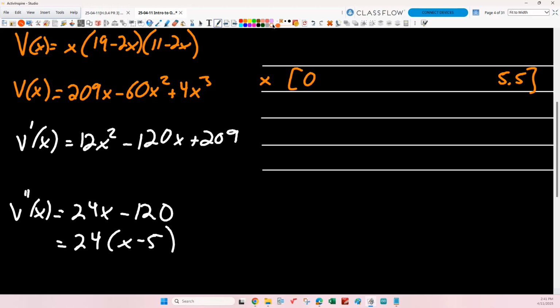How would I find my critical numbers? Yeah, quadratic formula.